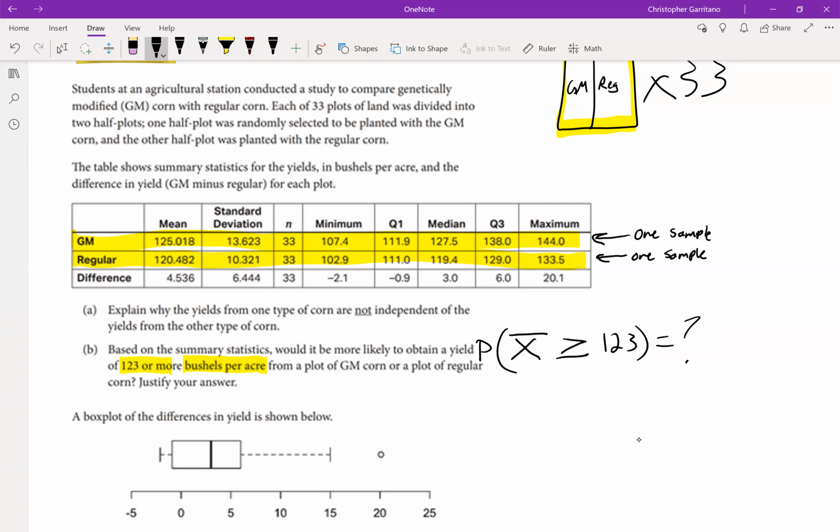And this X bar is, of course, a sample mean. So if we were to obtain a sample of genetically modified corn, what's the probability that the average bushel would be 123 or more? Same thing, if we were to take a sample of regular corn, what's the probability that the average bushel would be 123 or more?